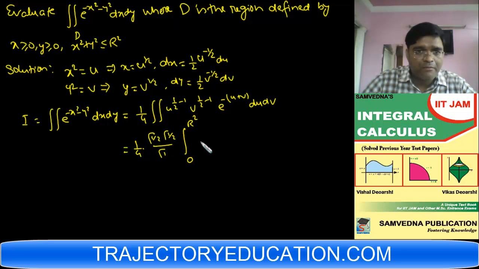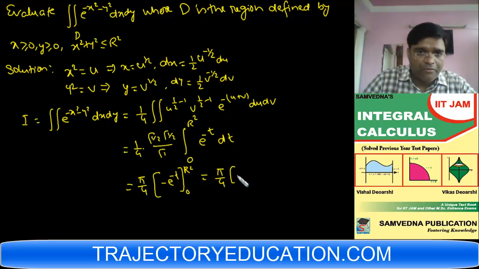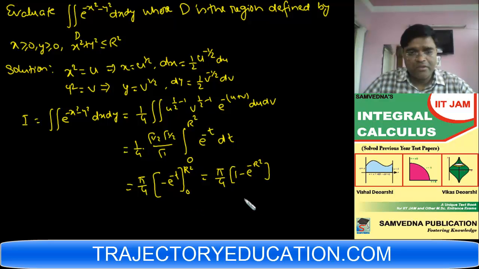This is u to the power half plus half minus 1, that is 0 only, so it is 1, e to the power minus t, where u plus v is taken as t, dt. So this will be pi upon 4 and this integral will be e to the power minus t from 0 to r square. So this will give you pi upon 4 (1 minus e to the power minus r square). This will be the solution.